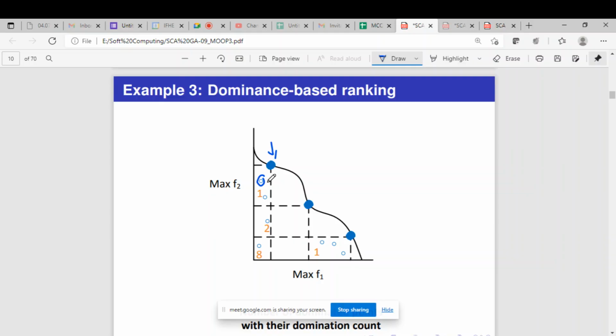Can you say that this individual is dominating this individual? No. So there is only one person who is dominating this individual. Okay. So already we said that his rank is 0, so it is 0 plus 1, so 1. Okay. Now if you see this particular individual, how many individuals are dominating this individual?